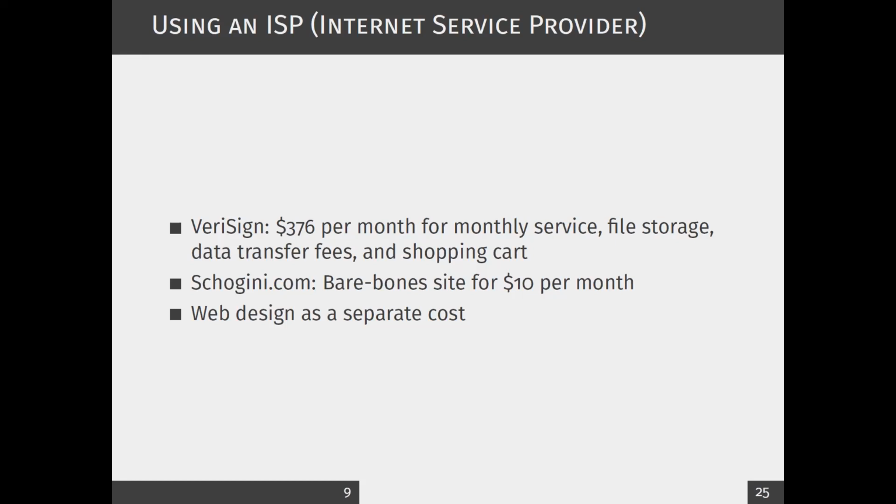Again, these are from the book: $376 per month, and then another at $10 per month, and web designing will be charged separately. So the point I want to make here is that when you think about costing, you have to think about the different cost aspects.